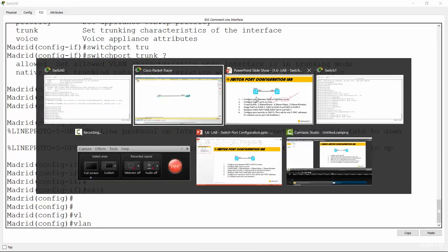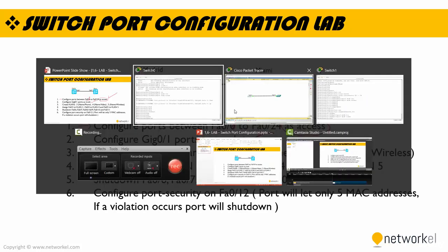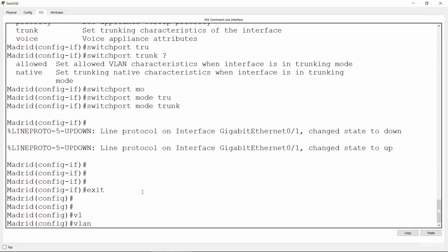Why do I type 3? Because the question is telling me to create VLAN 3, 4, and 5, and the command is VLAN space VLAN number.